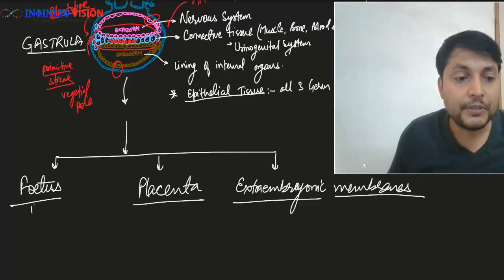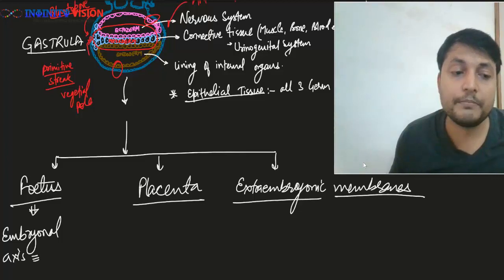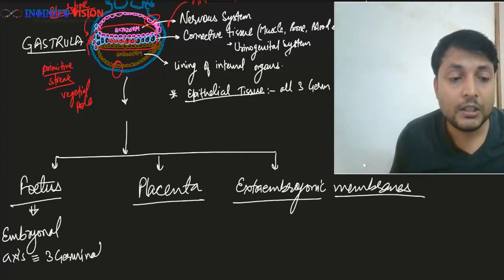Out of which the fetus is going to develop from the embryonal axis, which is made up of the three germinal layers.